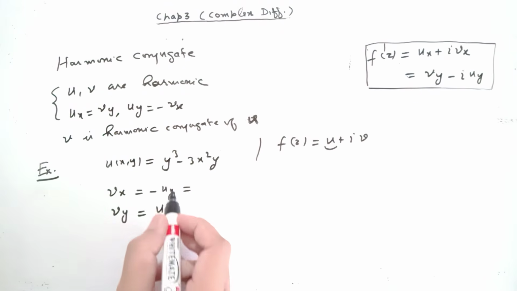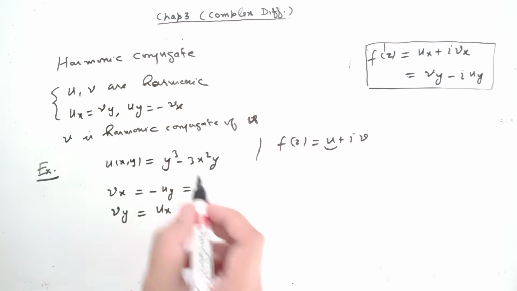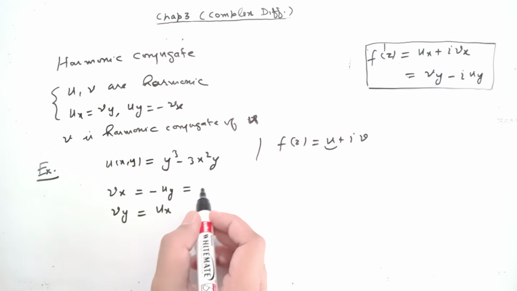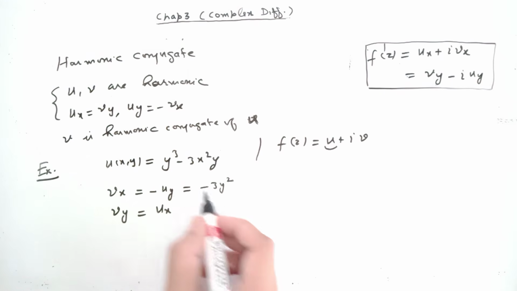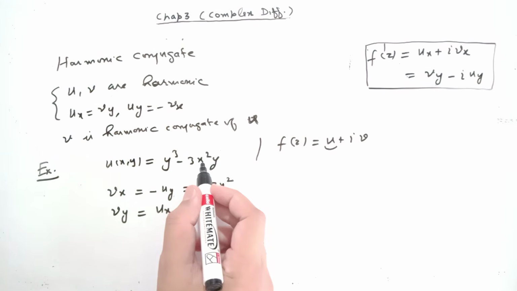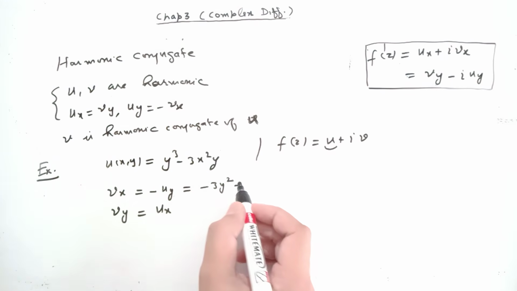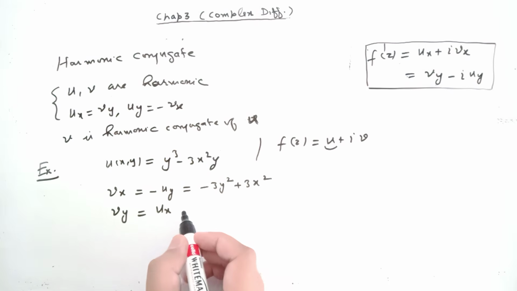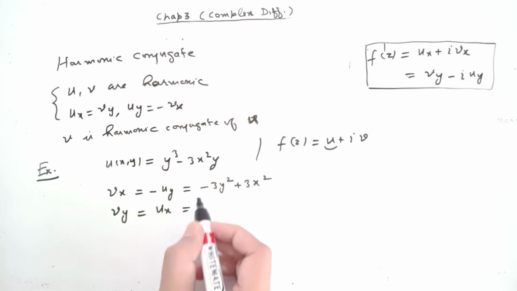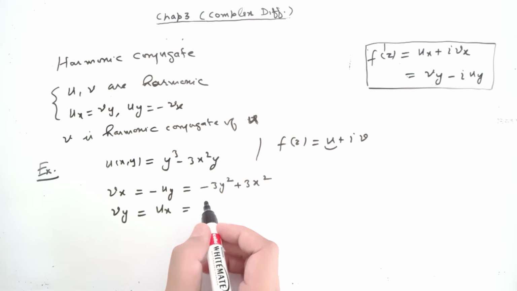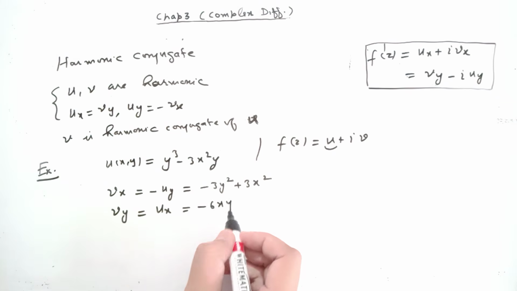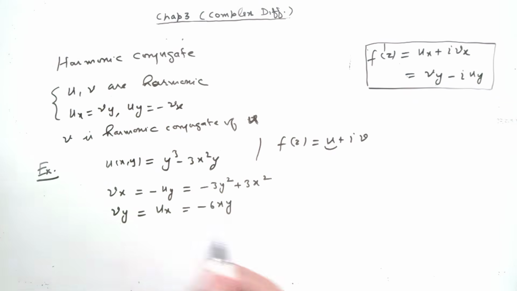I've written u_x and u_y second because u is given to me, so I can simplify this. u_y is 3y square minus 3x square, so v_x equals minus 3y square plus 3x square. And v_y equal to u_x means minus 6xy. So v_x is known.